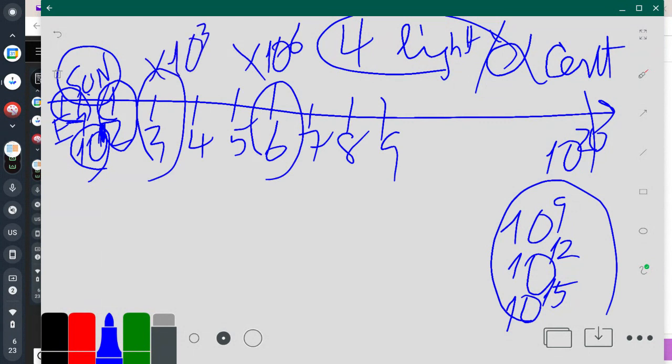If we use a logarithmic scale, we can condense a huge quantity onto a manageable scale, right? Onto manageable units.